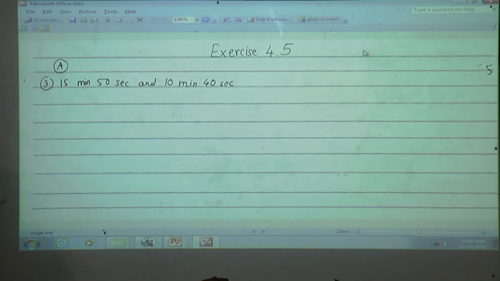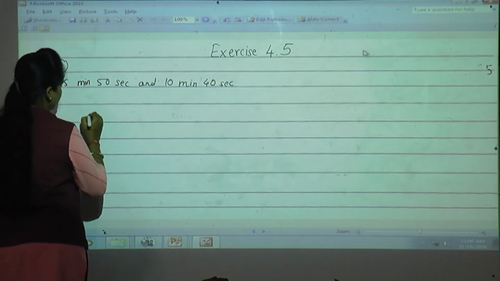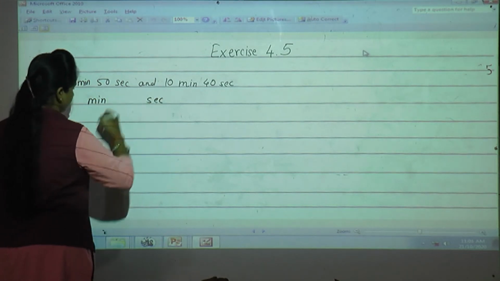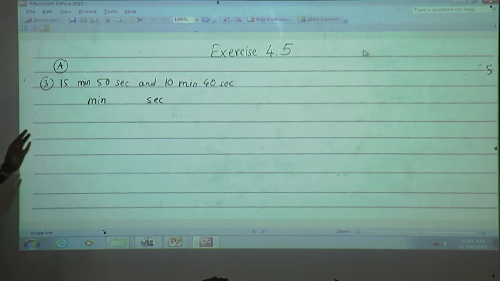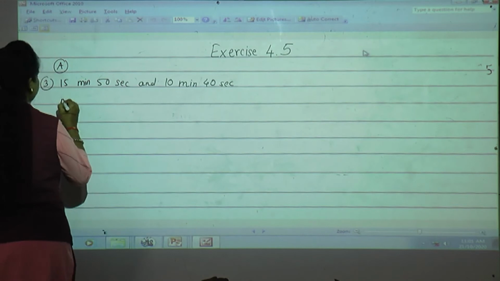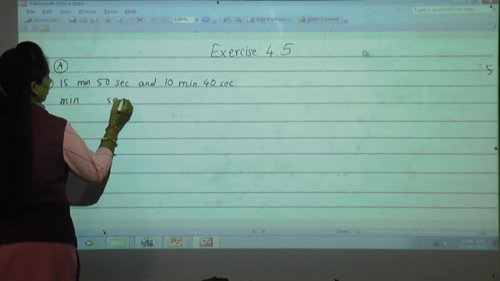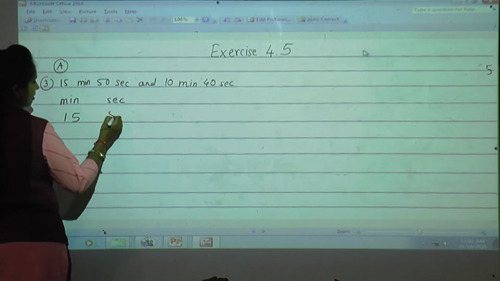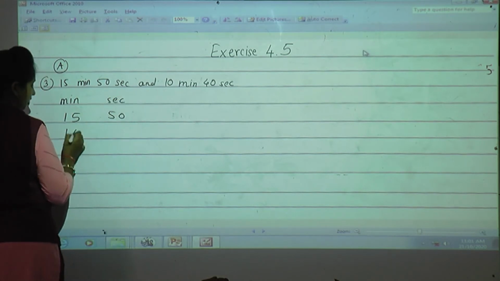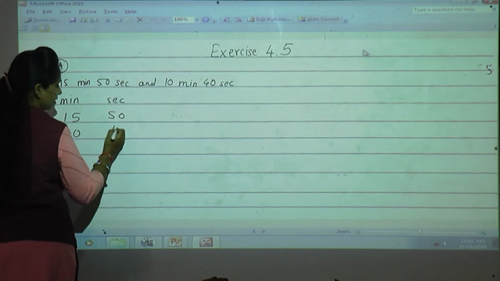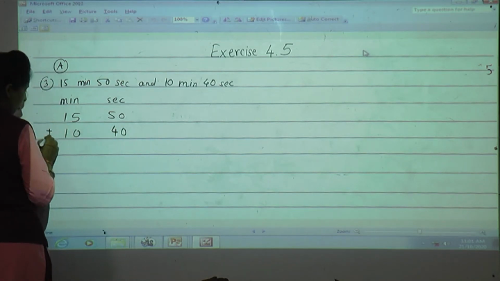Minutes and seconds are given. Okay, the question is the total. So I'll write minutes here and seconds here. See how many minutes there are? 15, and the seconds are 50, and the next one is 10 minutes. Write minutes in the minutes column and seconds in the seconds column and give the addition symbol.